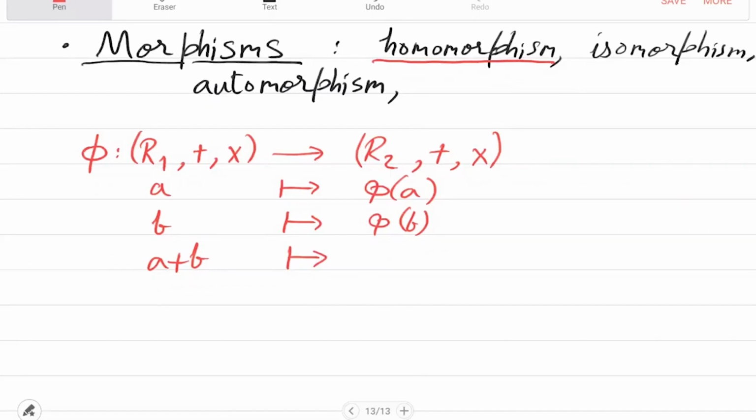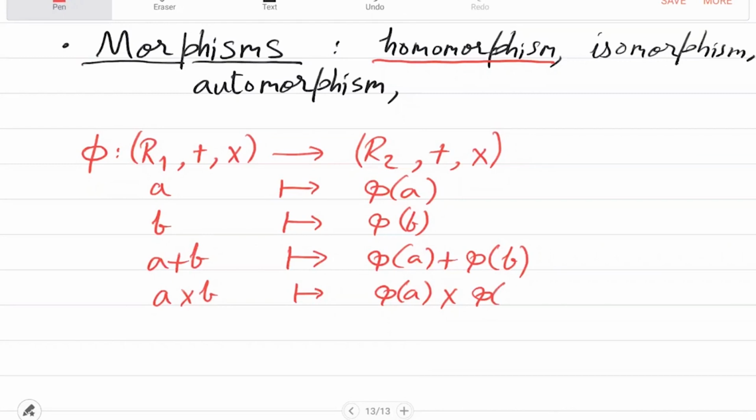Since you want structure preservation, it should be sent to phi(A) plus phi(B). Okay, this is the only point. So this is for plus and this is for multiplication. Right, so this should be true for all A, B. And from this basic axiom, you can deduce many things.